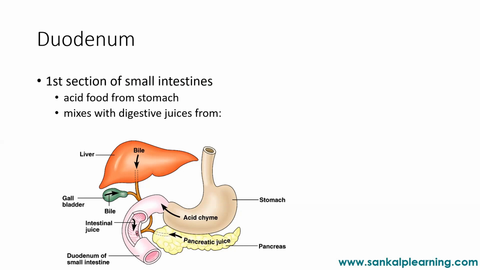So this acidic kind of the food mixes with the digestive juices. This acidic kind of food, acid chyme andre stomach alliro ahara, food. Okay, so this will enter the duodenum. So in the duodenum, food will be mixed by the bile juice, the intestinal juice, and the pancreatic juice.